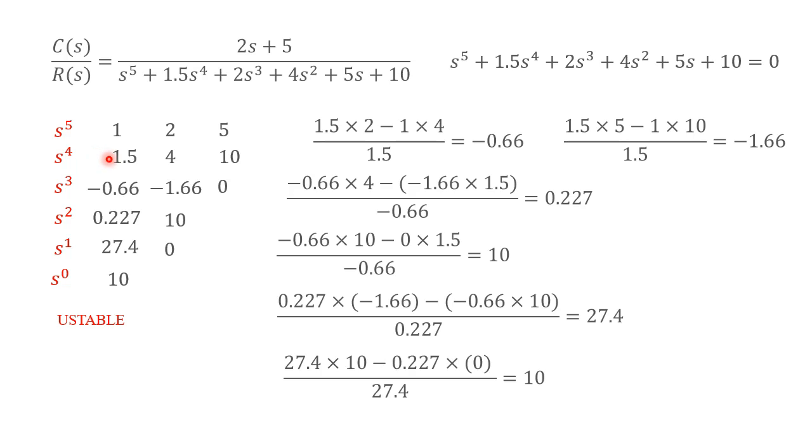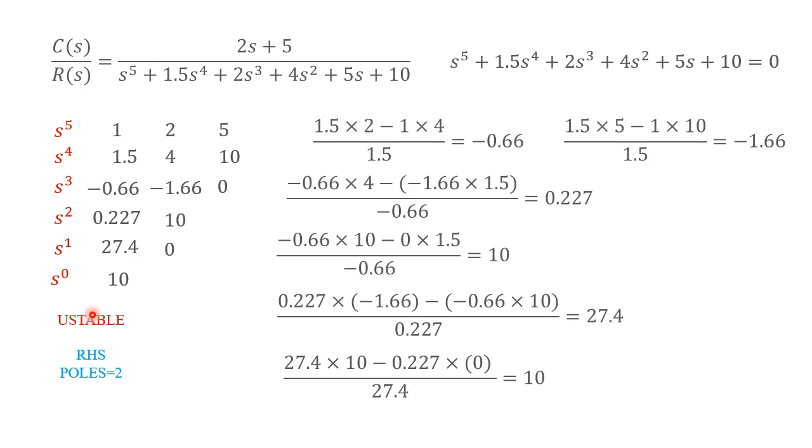It is plus, then minus, then one sign change; from minus to plus, then two sign changes. So the number of sign changes is 2. दो बार sign change हो रहा है. So the number of right hand side poles will be 2. RHS poles will be 2 and the system is an unstable system.